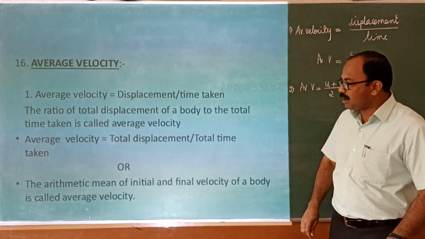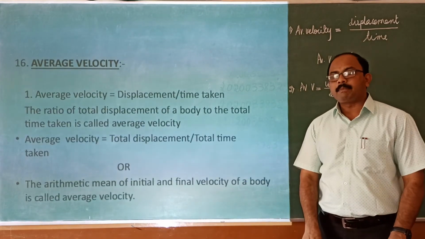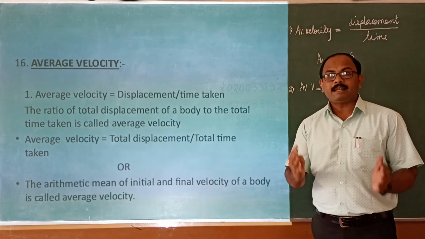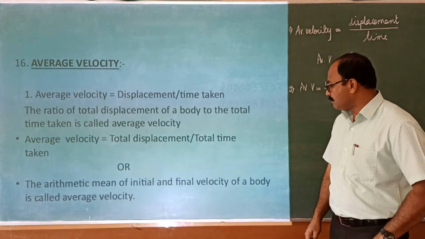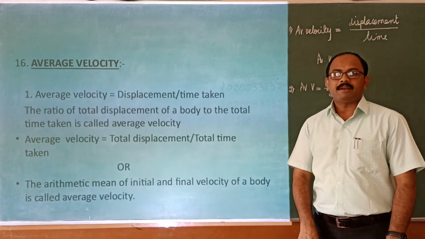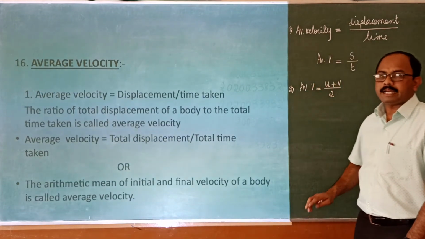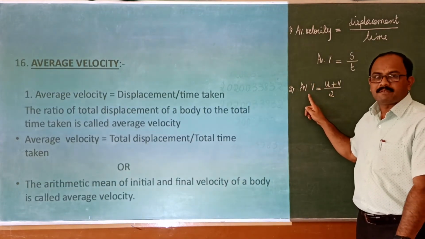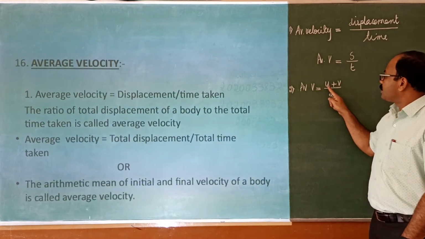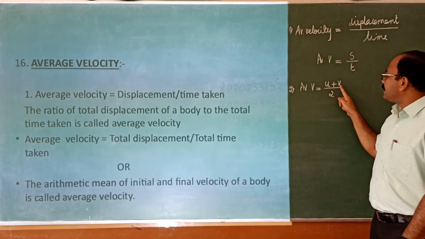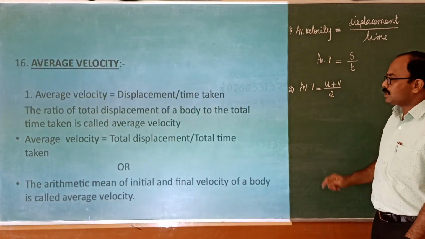The second is the arithmetic mean, which means an average, of initial and final velocity of the body, is called average velocity. That's what I have given here, children. Average velocity can also be calculated as initial velocity plus final velocity divided by 2.